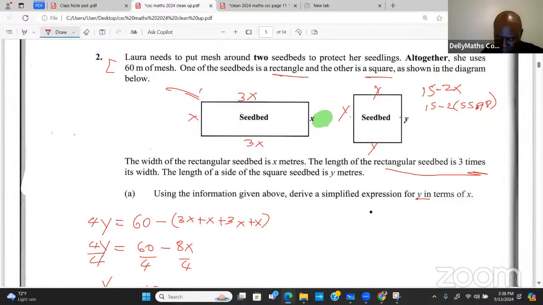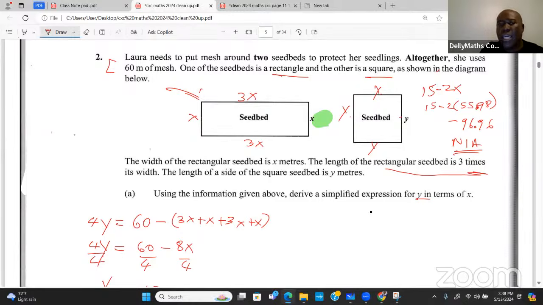So 15 minus 2 times 55.98. You're going to get a negative number, right? This is negative 96.96. And this cannot be, right? So we're going to have to ignore one of our quadratic answers in terms of putting this in a real world context right now.